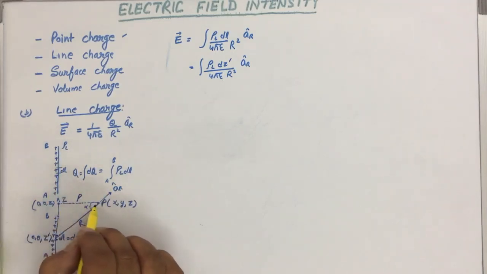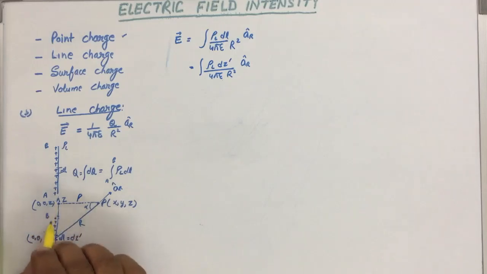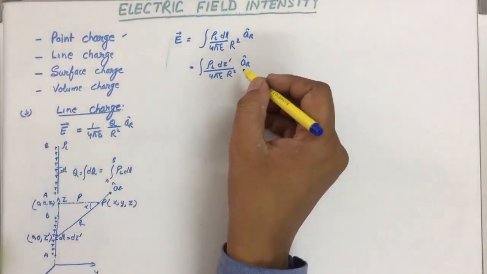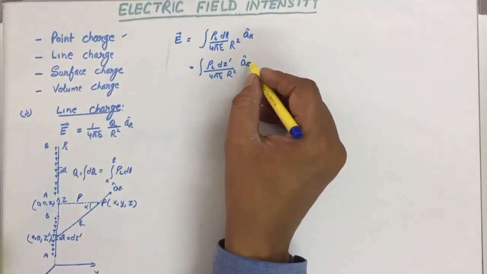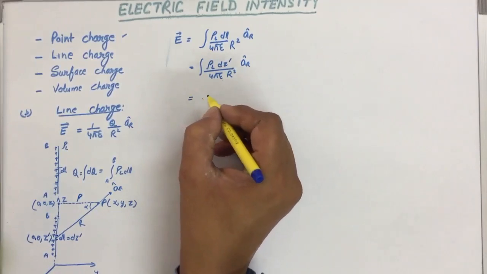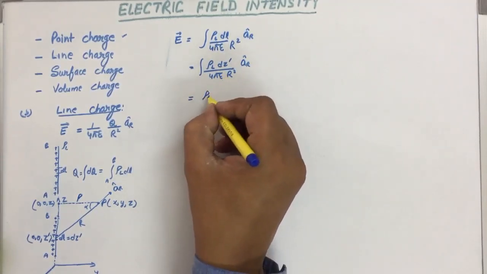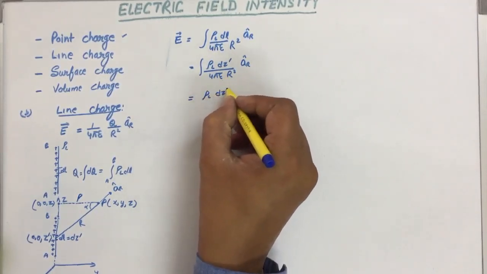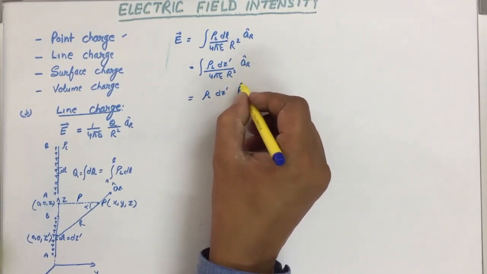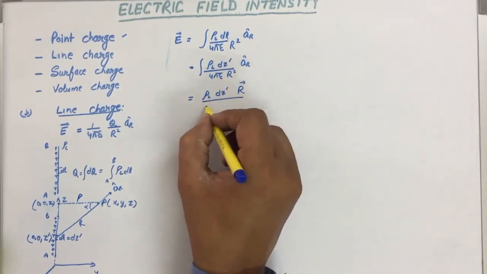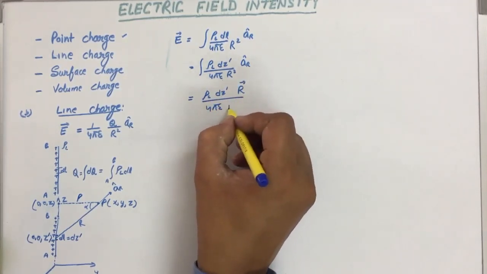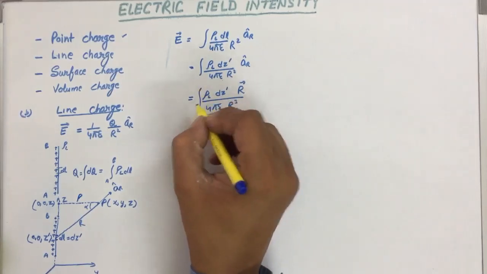This is the perpendicular distance from point P to the extrapolated line. So from here we can write rho L dz dash vector r divided by 4 pi epsilon r cube.